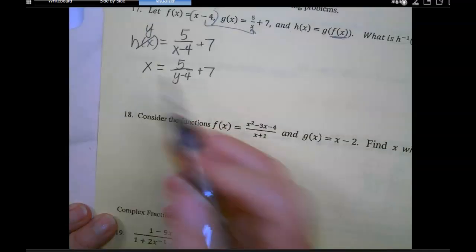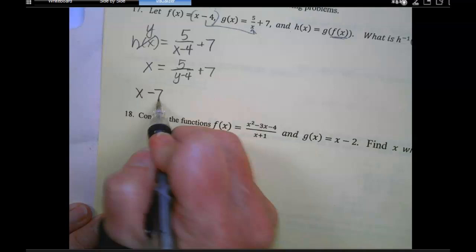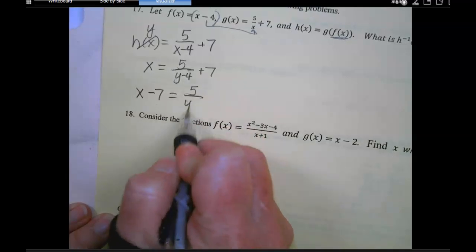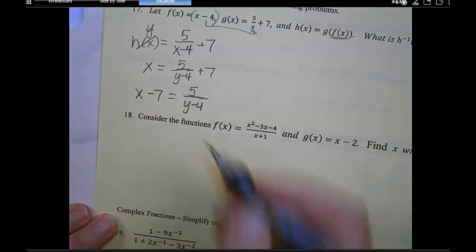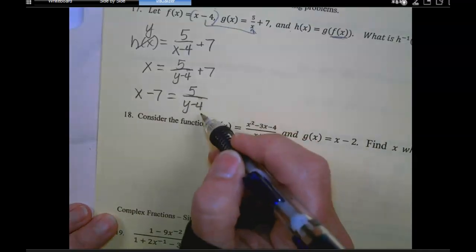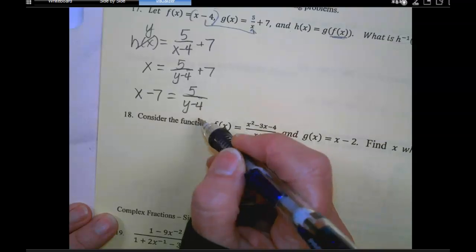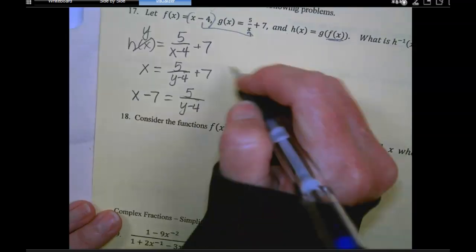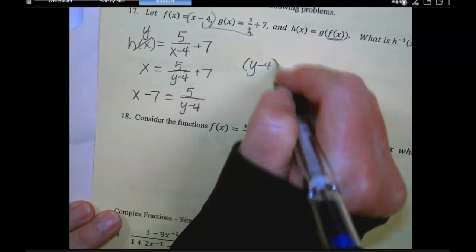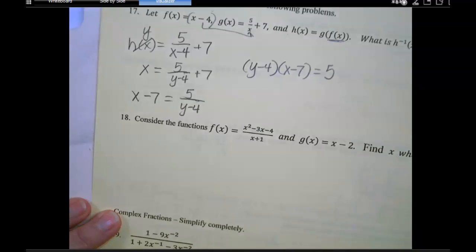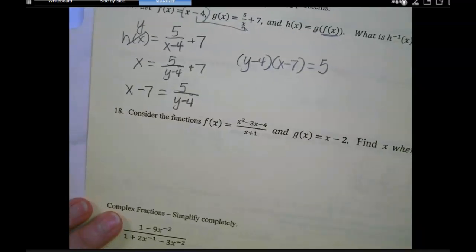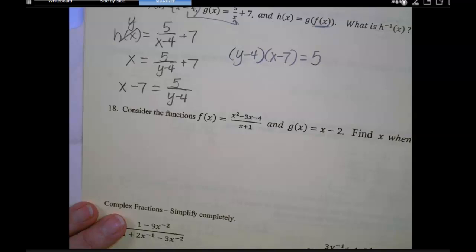So I'm going to subtract the 7. I'm dividing by y minus 4. So what's the opposite of division? All right, so I'm going to multiply y minus 4 times x minus 7 equals 5. Again, answer me, what am I solving for?